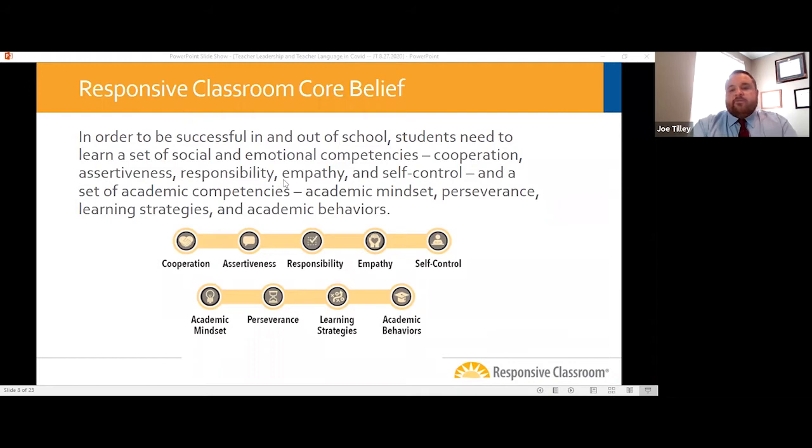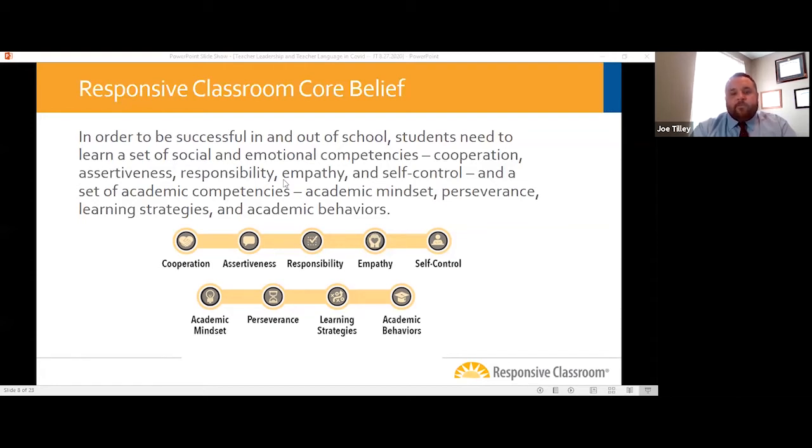The core belief of responsive classroom, and teachers that seek to utilize the strategies of responsive classroom, is that in order for students to be successful both in school and out of school, there's a set of competencies that they have to have some experience with, some mastery with.